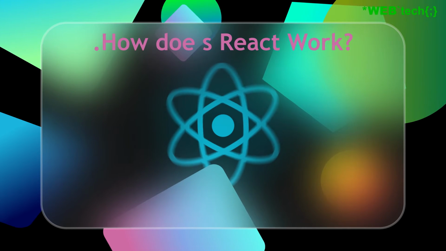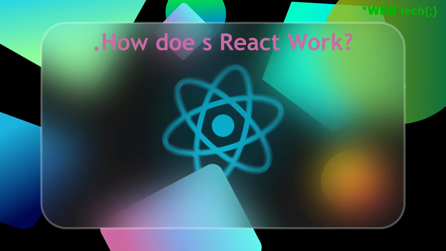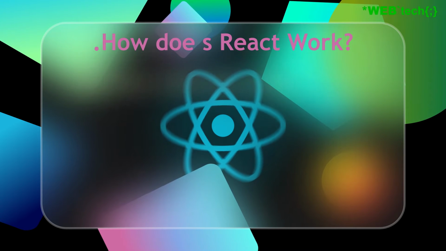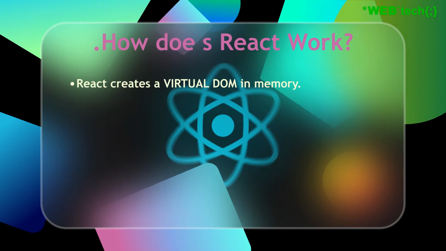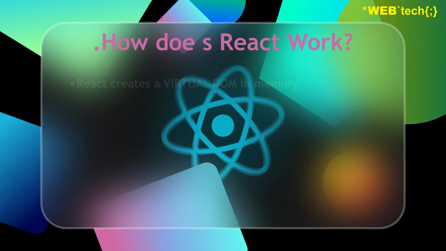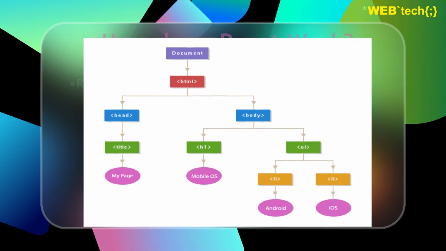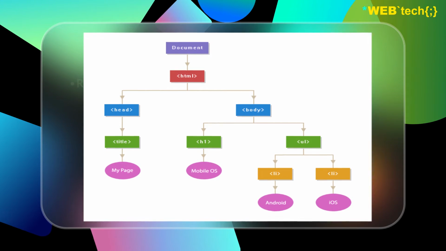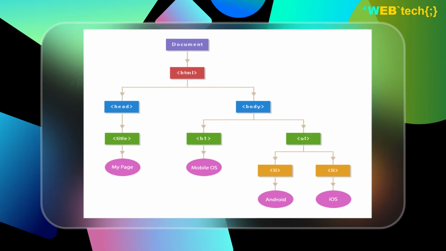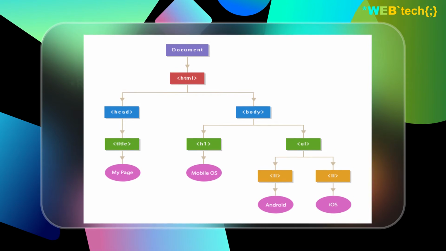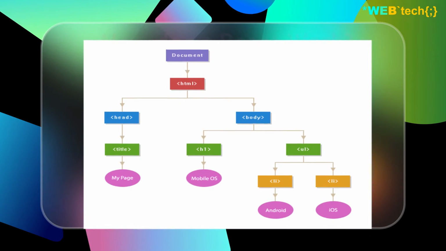Let's take another question, which is, how does React work? React creates a virtual DOM in your memory. Now you have one more question. What is DOM? DOM is the Document Object Model. If I'm going to show you, then it looks like that. Okay, don't worry, I will show you in the next video when we will write some code.